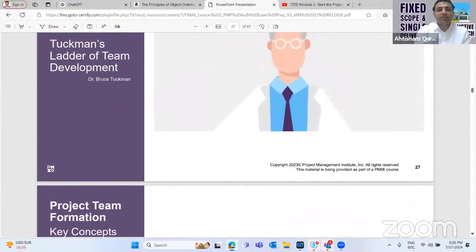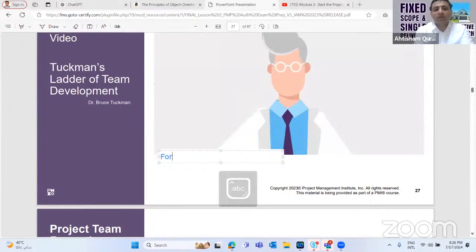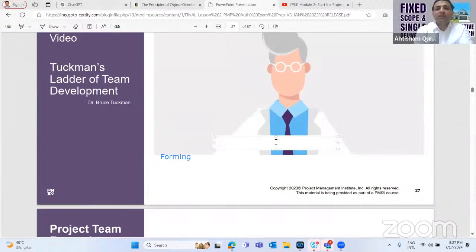The second stage is the storming stage. Let me mention it here. As I mentioned, the first stage is the forming stage, which any team will pass through. If they cross this stage, they will move to the storming stage.